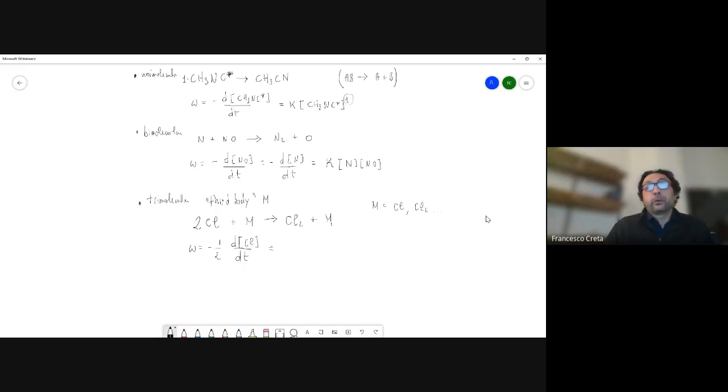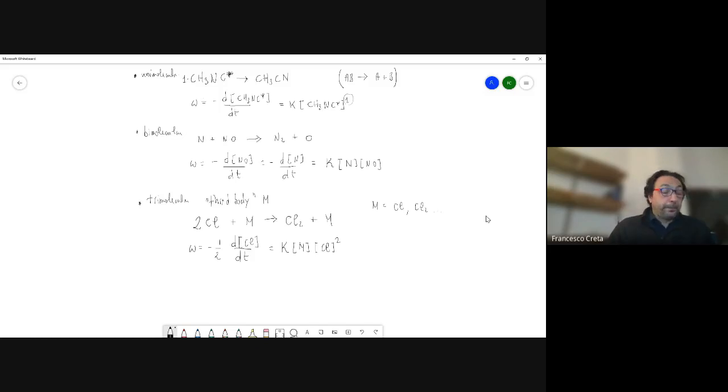We kind of found the pattern here. You still have a reaction rate. Then you have essentially the product of the concentration of this third body to the power of what? To the power of 1, because this is an elementary reaction. And then the concentration of Cl to the power of 2.